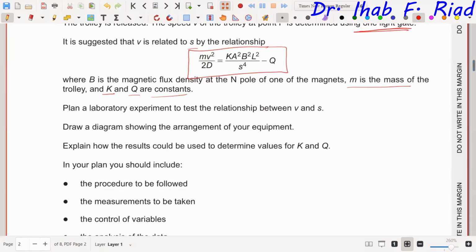Yes. So he's telling us to plan a laboratory experiment to test the relationship between V and S. This is one crucial piece of information, right?